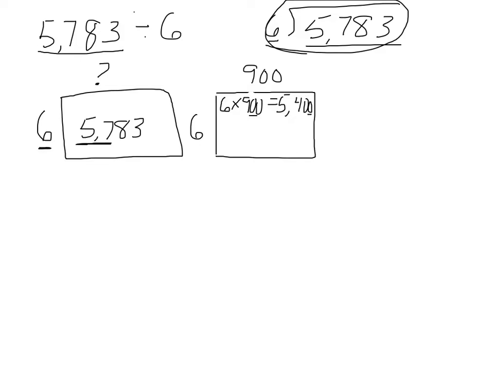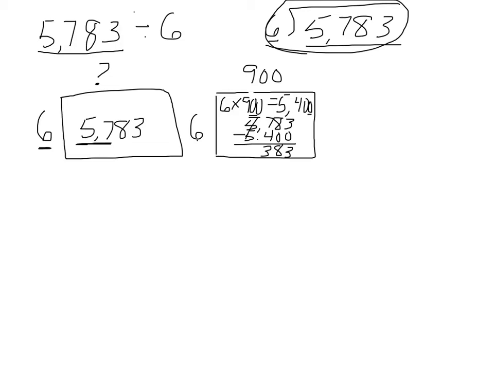But I didn't start with 5,400, I started with 5,783, and I need to subtract what I used. I used 5,400. And so what I'm left with is 3 ones, 8 tens, and 3 hundreds, and then these will cancel out. So I now need to divide 383 divided by 6.